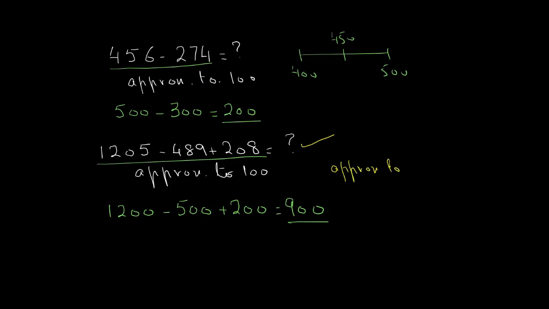When I approximate 1205 to the nearest 10, I'm going to get 121 tens, because I'm smack in the middle, that's why I go to 121 tens. 489 will turn out to be equal to 49 tens, and 208 will turn out to be equal to 21 tens.